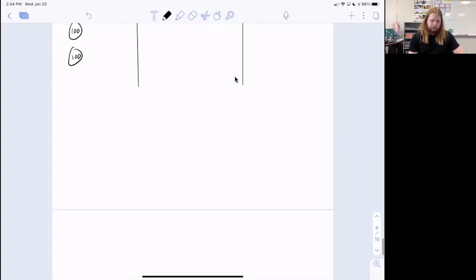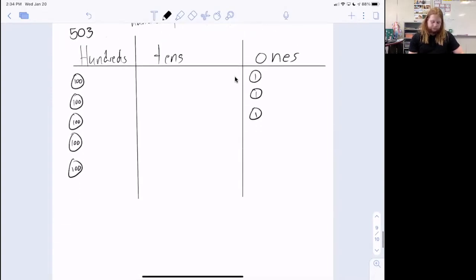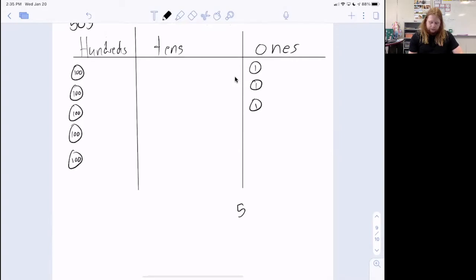Okay, so we have the number 503. What would happen if I took away 1? I just took away 1 chip. What number would we have? We would have 502. What would happen if I took away another chip or disk?